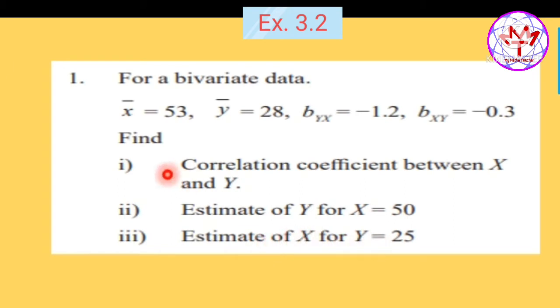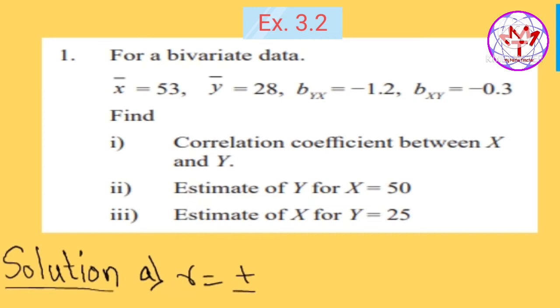So let's start. Now we know that r is equal to plus minus square root of byx into bxy.